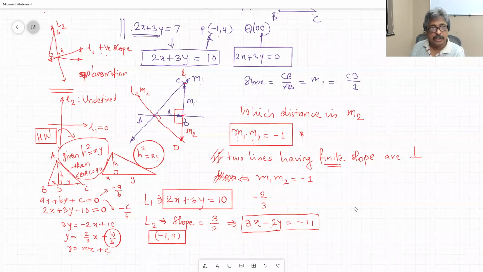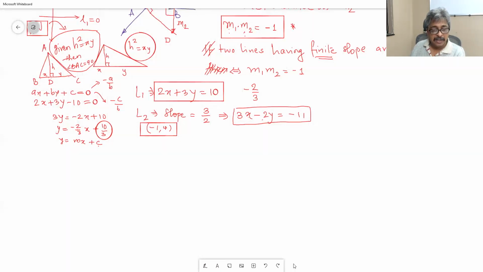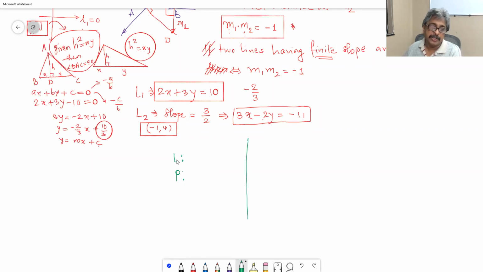Okay, so if you have understood this well, let us master this by playing with some lines. What I will do is, I will give you line L. I will give you point P. What you should give me is the equation of line parallel to L passing through P. That is what you are supposed to give me.